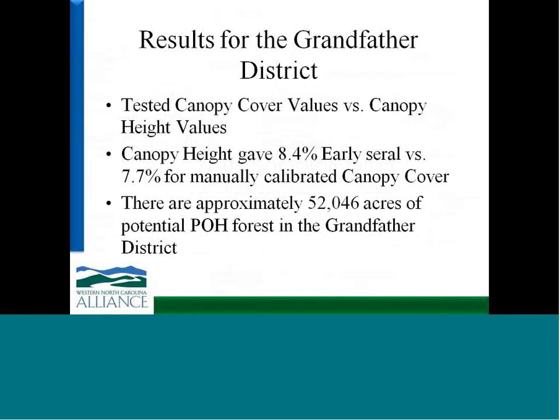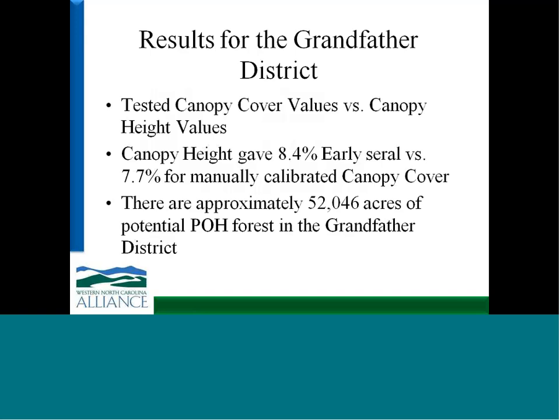So the canopy cover is the one I'm skeptical of because of the problem with the creation of the model, and I've manually calibrated it. But when I looked at early seral in my manual calibration versus the early seral in the canopy height, it was 8.4% in the canopy height and 7.7% for the canopy cover. So I felt pretty good about that. Both of those round to 8%.